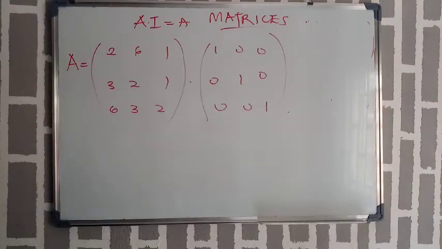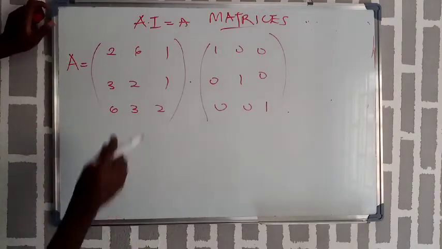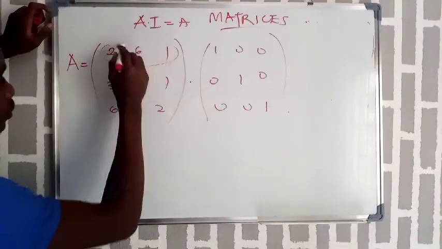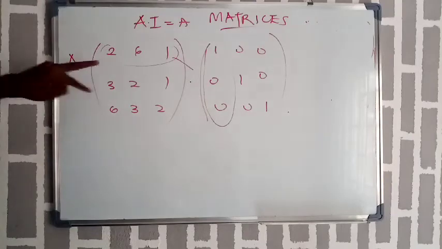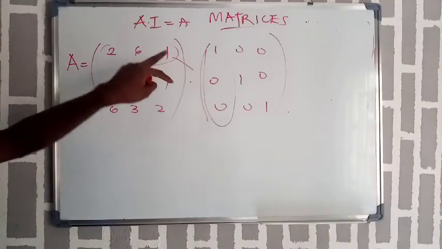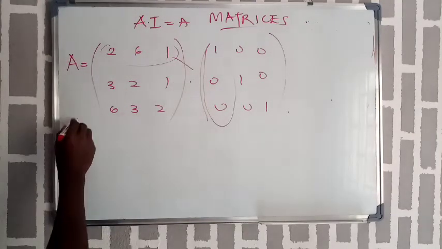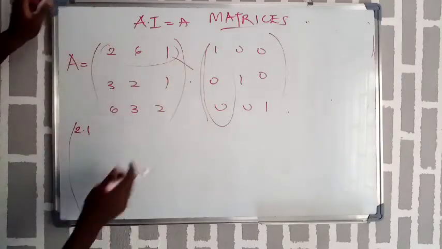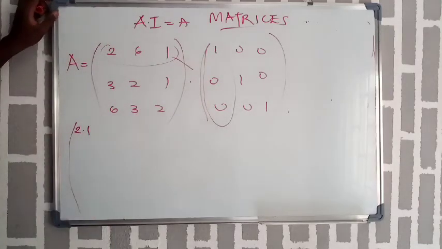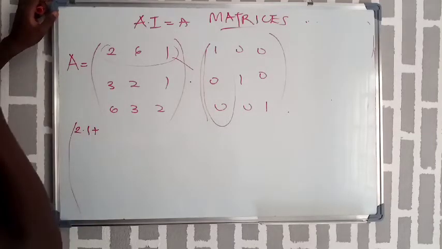Now remember, during multiplication of matrices, this one goes with this one. That's how multiplication goes. So now 2 goes with 1, 6 goes with 0, and 1 goes with 0. So now what you are going to have is 2.1. Remember to sum up your multiplication.